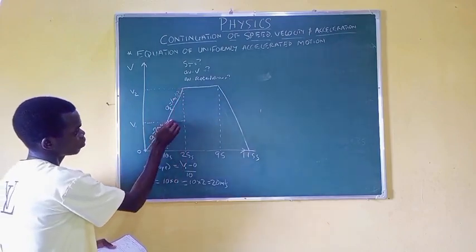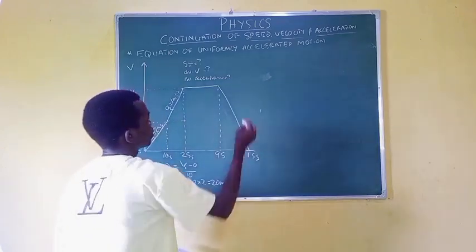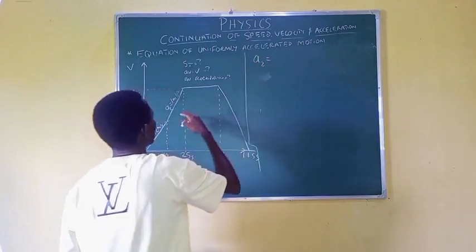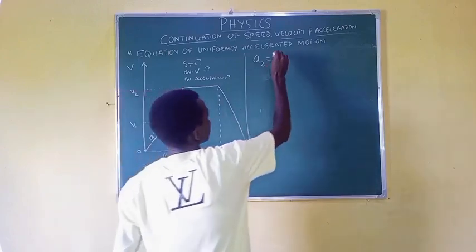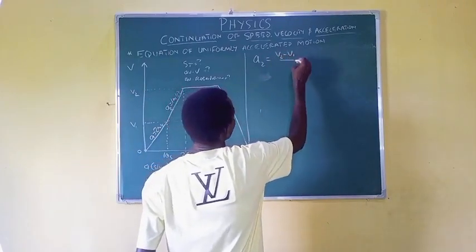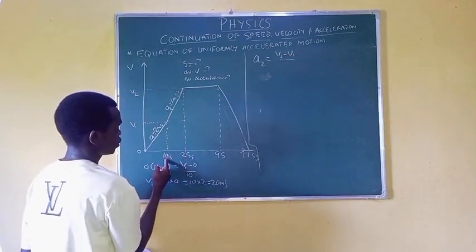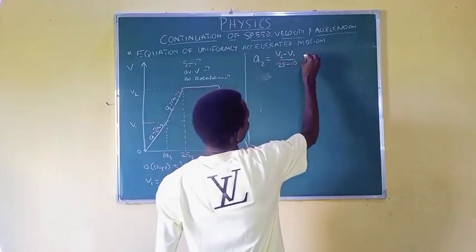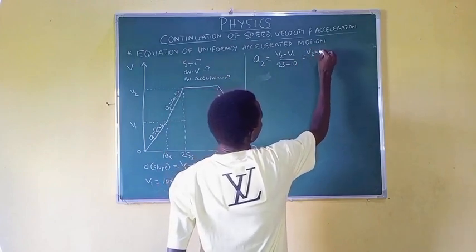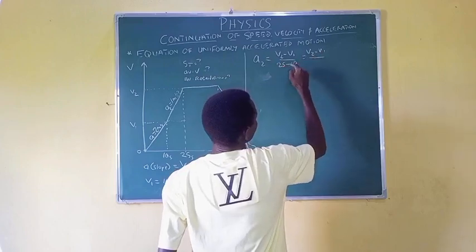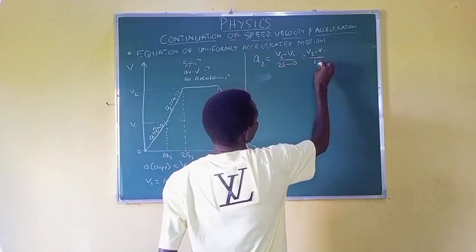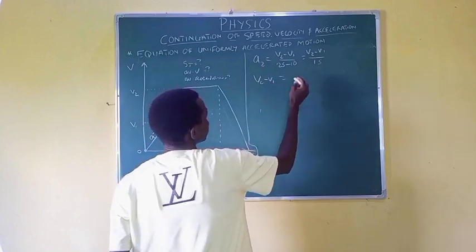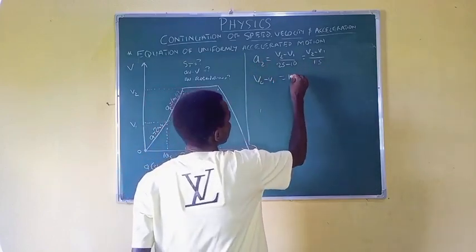When you consider this slope, we now have a2 is equal to v2 minus v1 over 25 minus 10, which is 15. So when you cross multiply, v2 minus v1 is equal to a2 times 15.